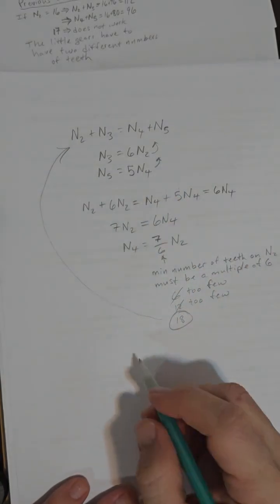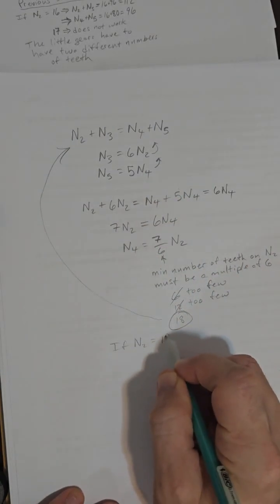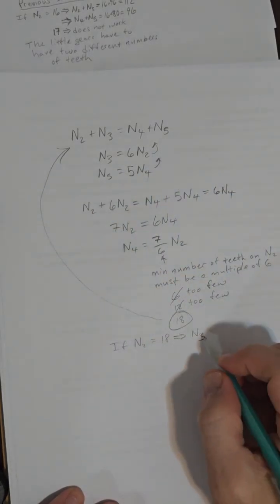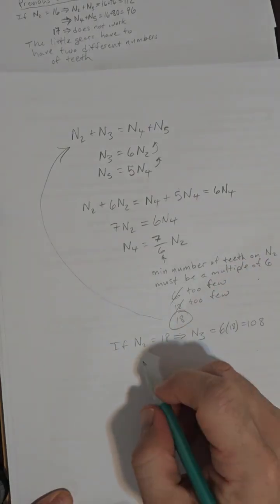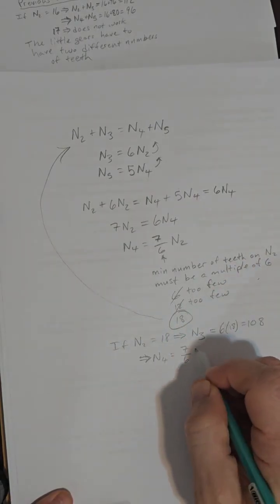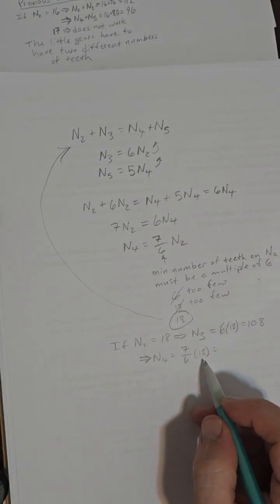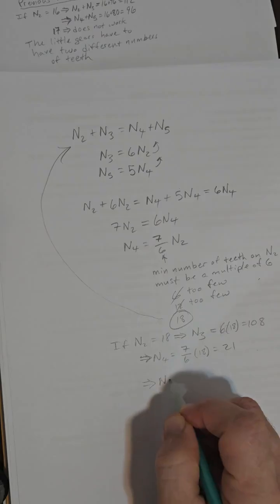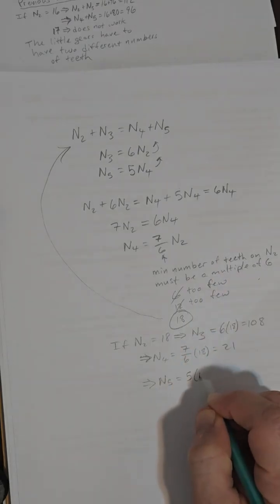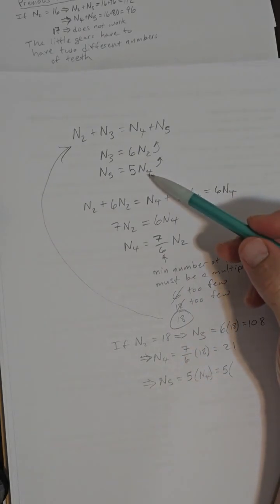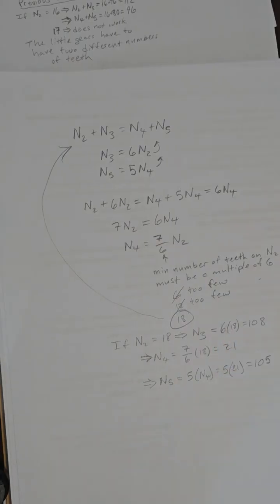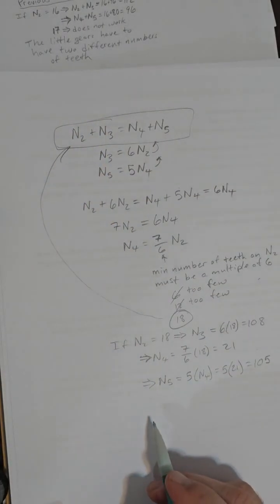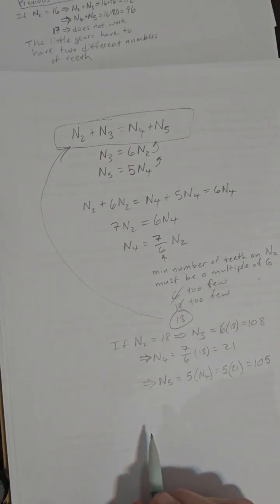Let's plug it into our equations here. So if N2 equals 18, then N3, this one, is going to be 6 times 18. And so that's 108. And we said N4 equals 7/6 of N2. This is why it has to be a multiple of 6, because now we have 18 divided by 6, that's 3, times 7 is 21. And N5 equals 5 times N4 from our equation up here. So 5 times 21 is 105. Now let's double check if we have satisfied our equation, which will make sure that we have a reverted gear train.